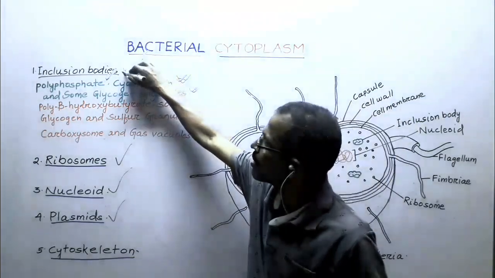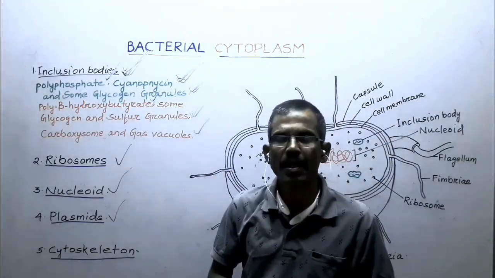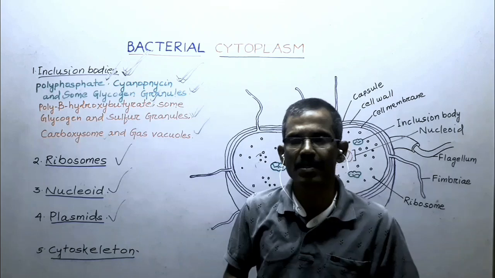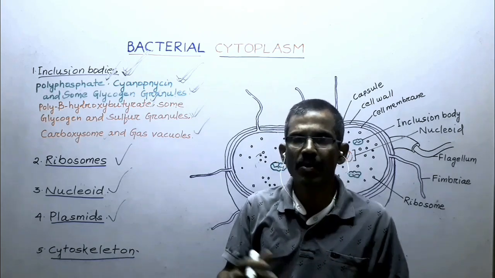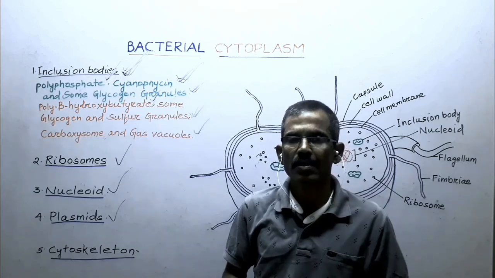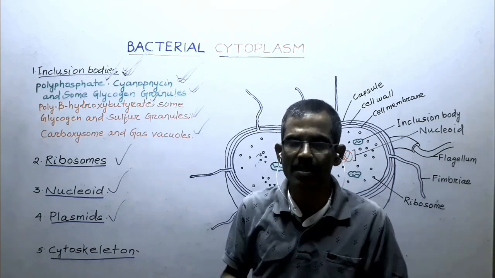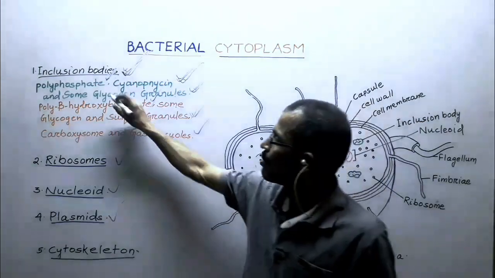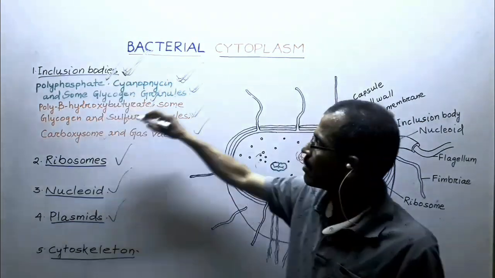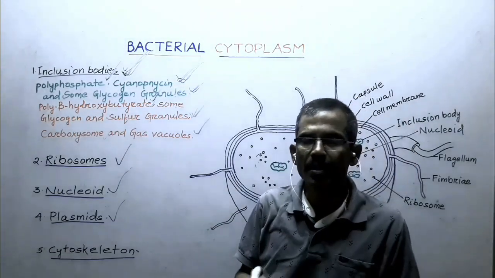Inclusion bodies are the storage granules of inorganic or organic substances. They store carbon compounds or inorganic compounds. Some of the inclusion bodies lie free in the cytoplasm. Examples are polyphosphate granules, cyanophycin granules, and some glycogen granules.